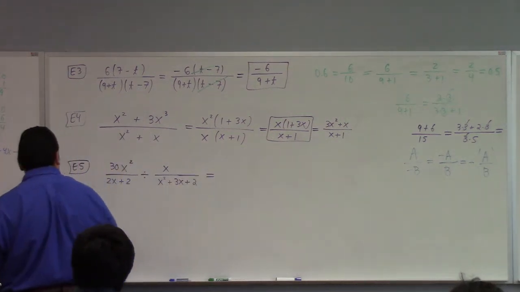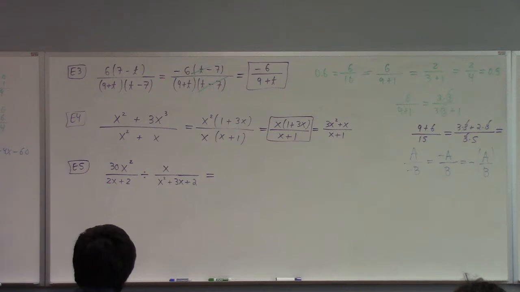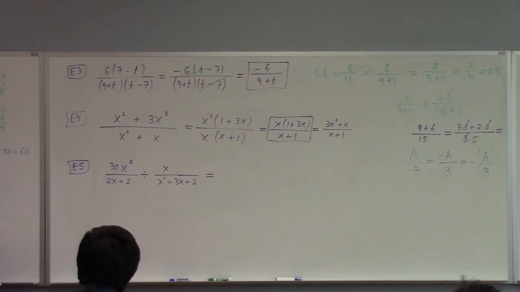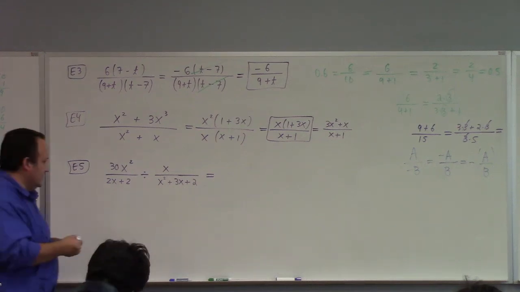How do you divide one fraction by another? What do we do? Yeah, flip it upside down to make it multiplication, right? In other words, we multiply by the reciprocal.